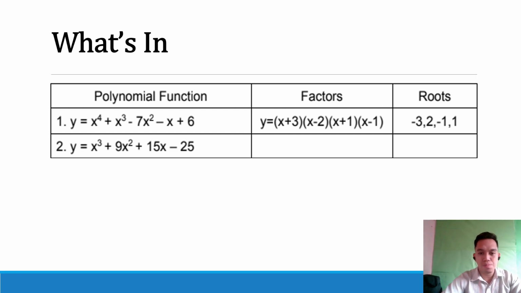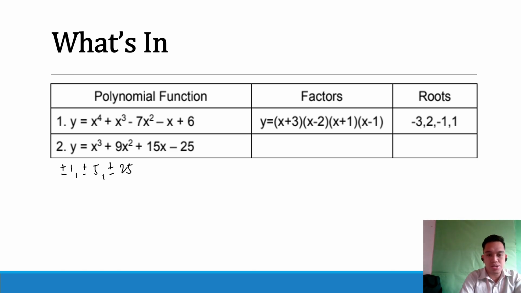So in number 2, to find the factors of this polynomial function, we can apply the rational root theorem here. Find the possible roots first of number 2. The possible roots here are positive negative 1, positive negative 5, and positive negative 25. These are the possible roots for our number 2.